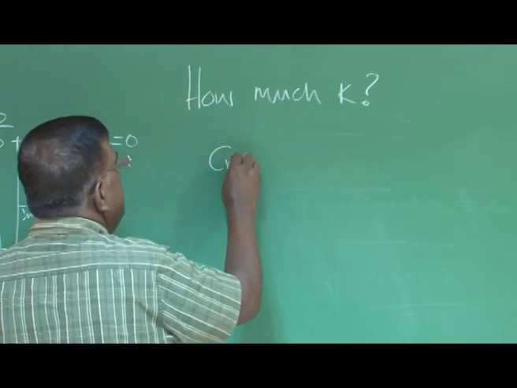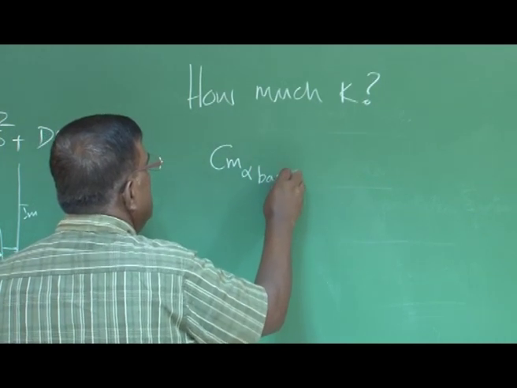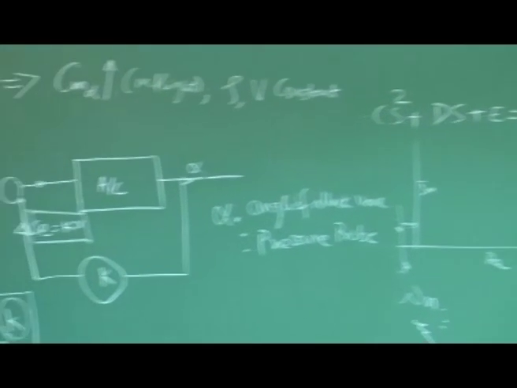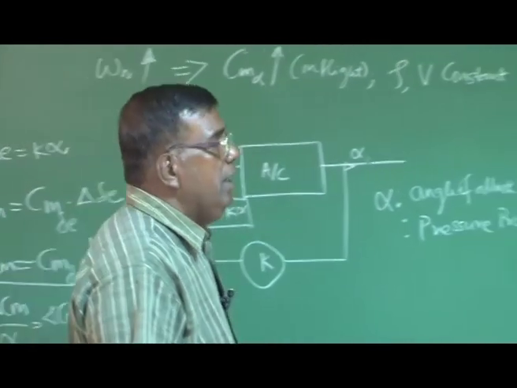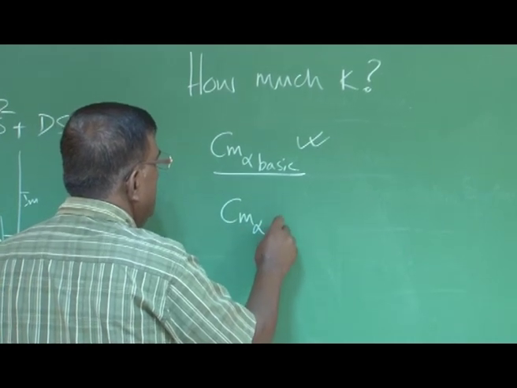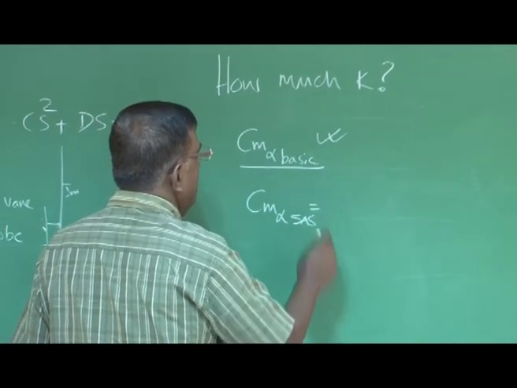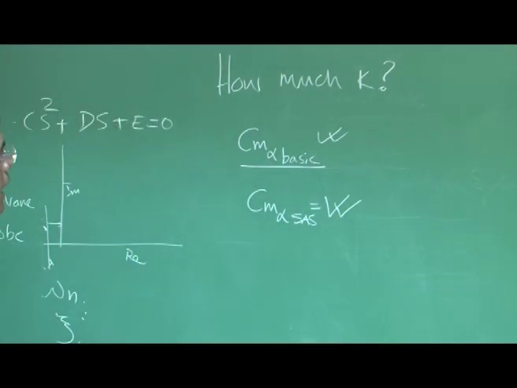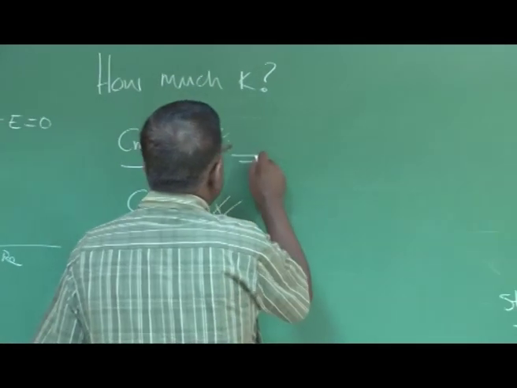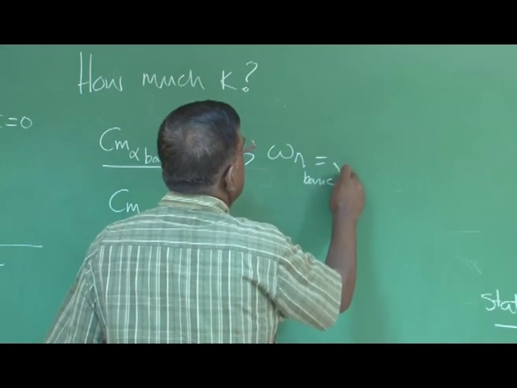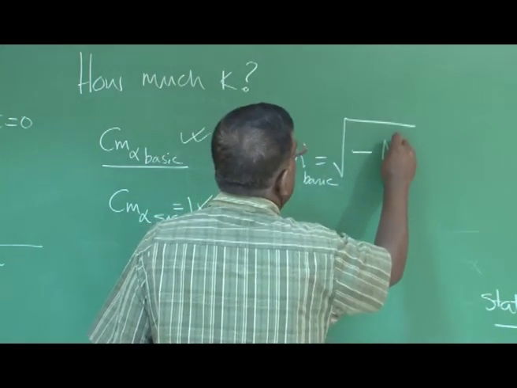Let us say we have Cm alpha basic, which has been designed from the beginning depending upon wing location, tail location, CG, etc. This is available for the airplane. Now, we want Cm alpha SAS, some value which I am targeting. And how do I get that value? This corresponds to some omega n basic, which is nothing but square root of minus m alpha basic.